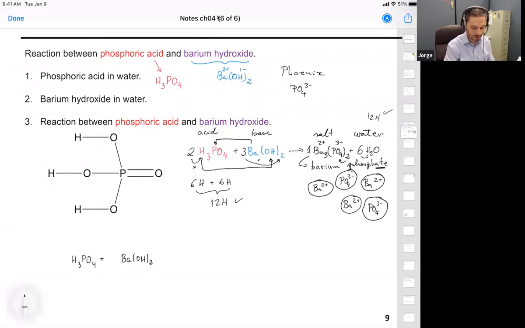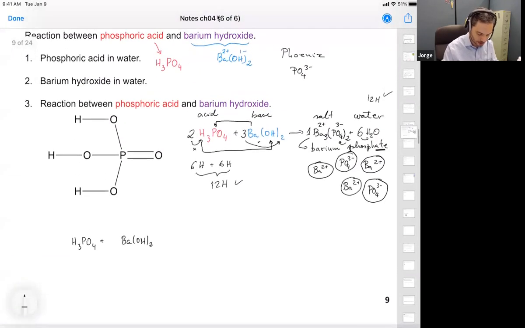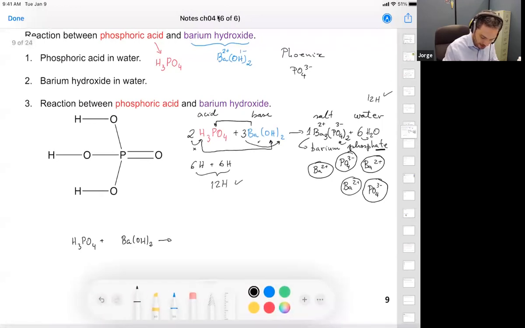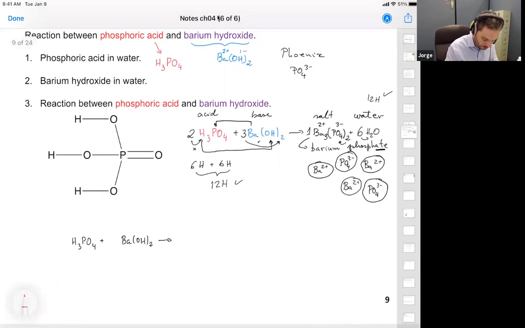So let's start with the molecular equation, as we already did here. Let's revisit that. This is an acid-base reaction. You don't have to think too much here.